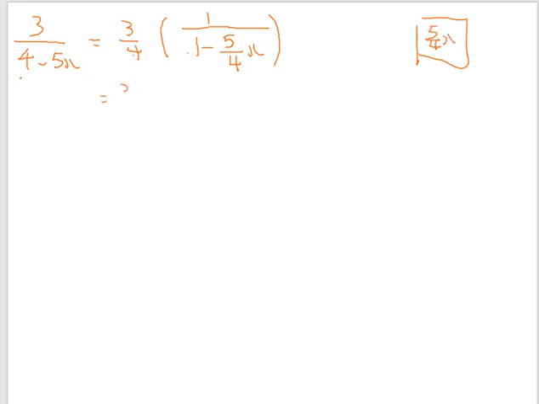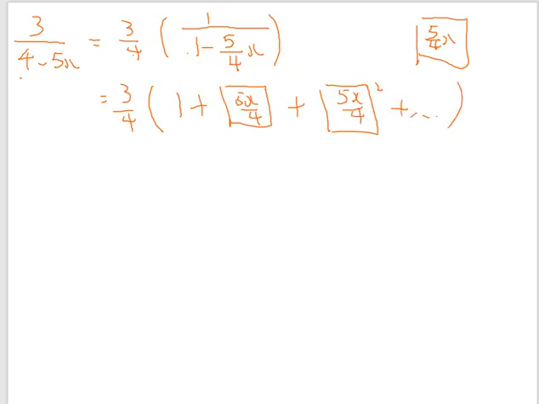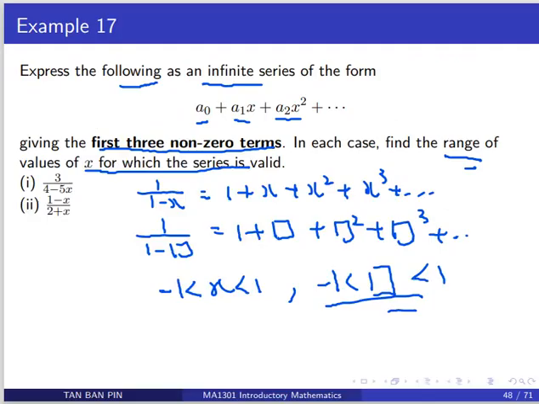So this should be 3 quarter bracket 1 plus 5x over 4 and plus 5x over 4 squared and so on. You stop at the x squared term because the question asks for up until the x squared term.